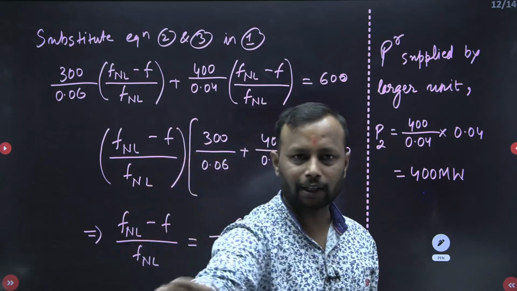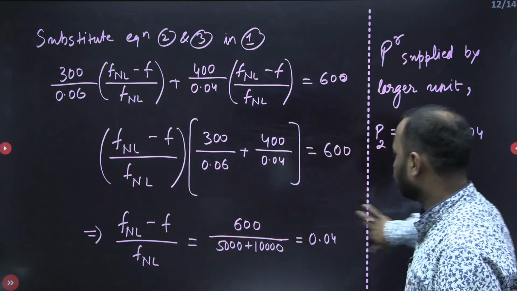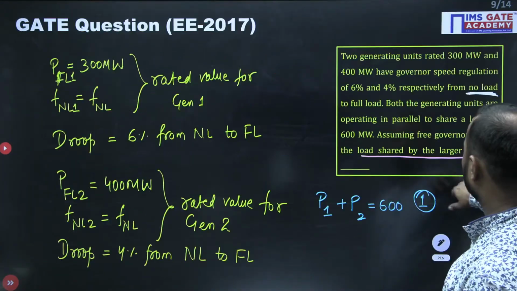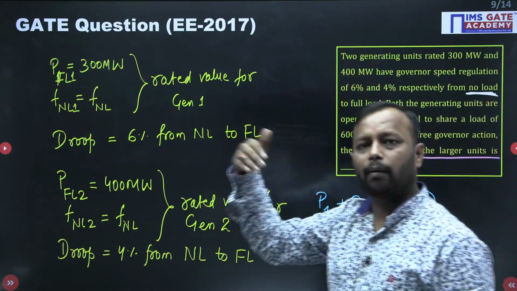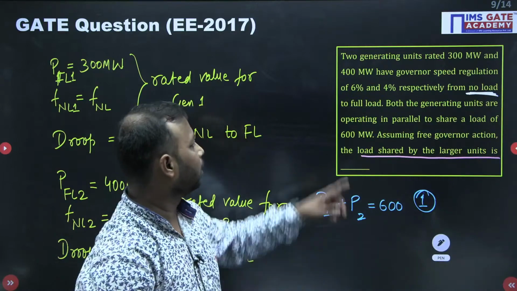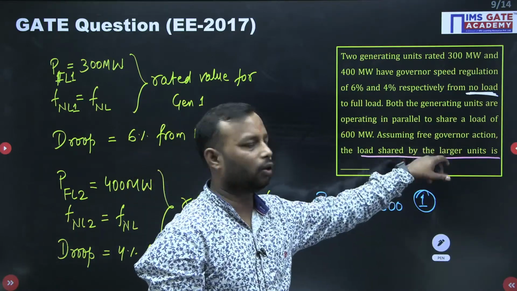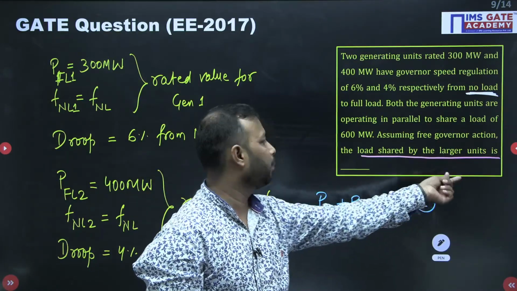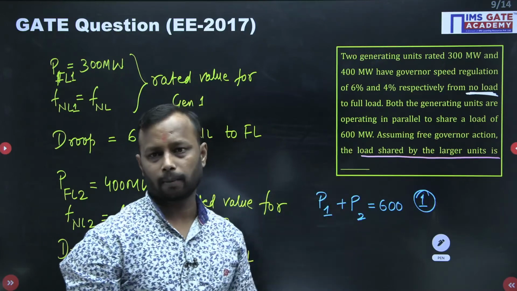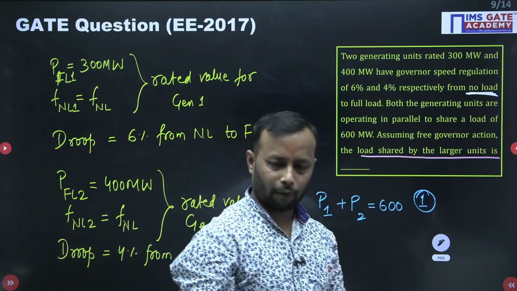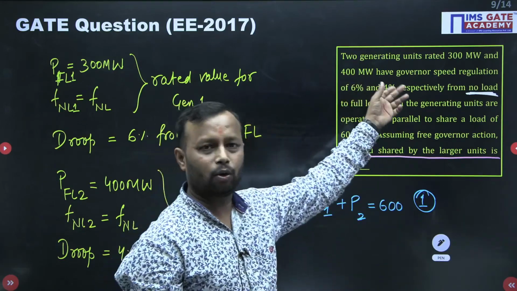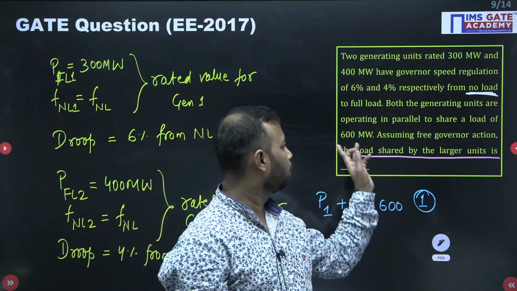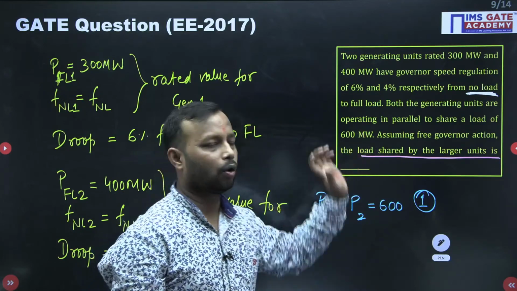It will not always be equal just because 400 was given in the question. Sometimes this value will change. The value of the larger unit, whatever you calculate, depends on the load given here. So we are very fortunate that whatever value is given for generator 2, the same value we are getting on calculating this particular load.